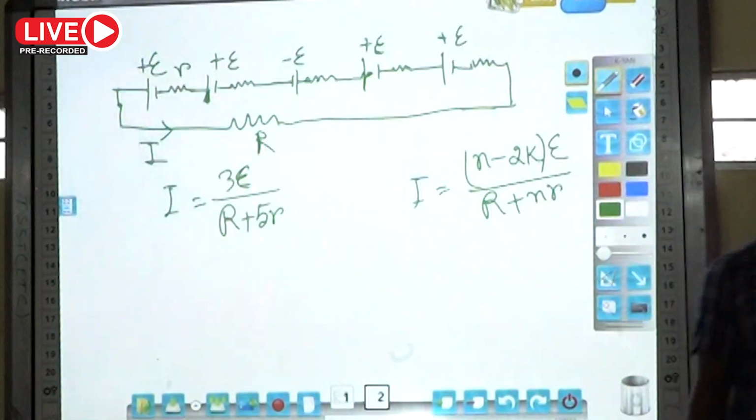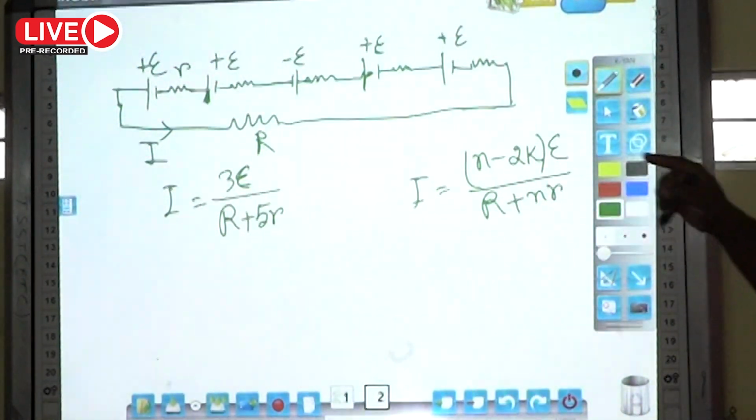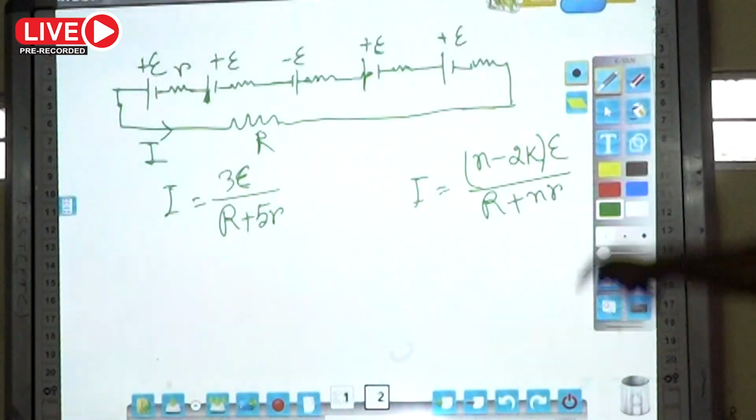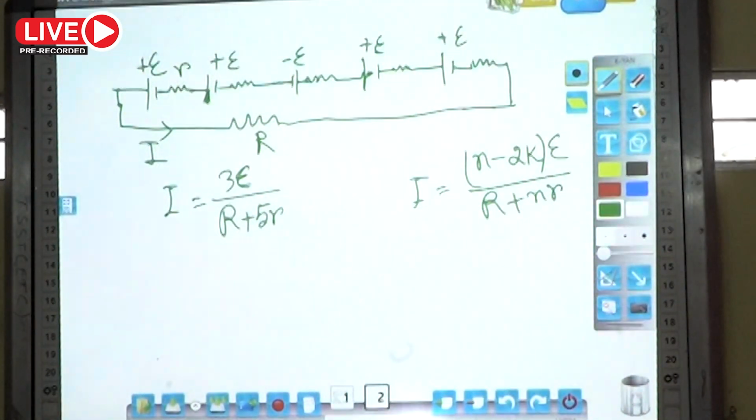This will be the general form. Suppose we consider n number of cells, among them k number of cells are connected in opposite order. In this particular problem, k is 1. So you have to subtract from the original that 2. So for this problem 5 cells are there and 1 of them is connected in opposite order, then (5 minus 2) into E, that is 3E.